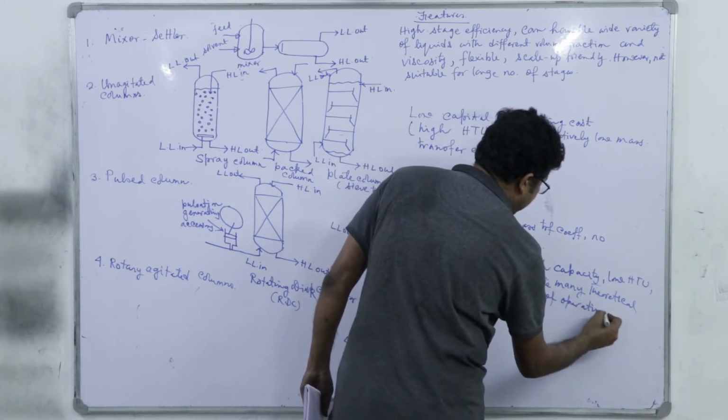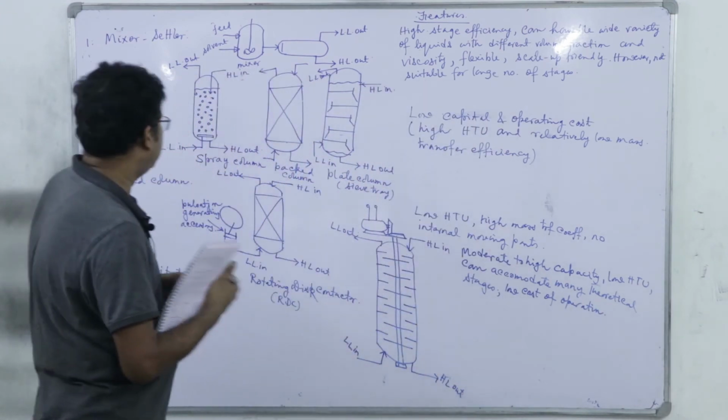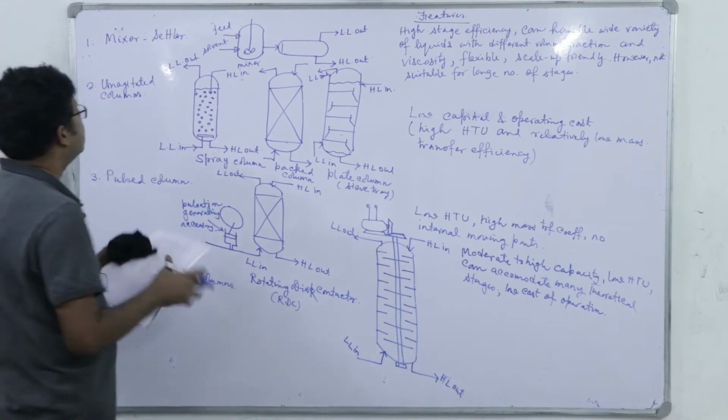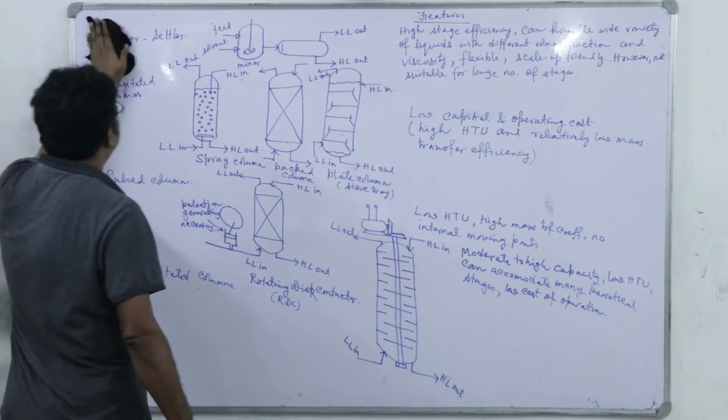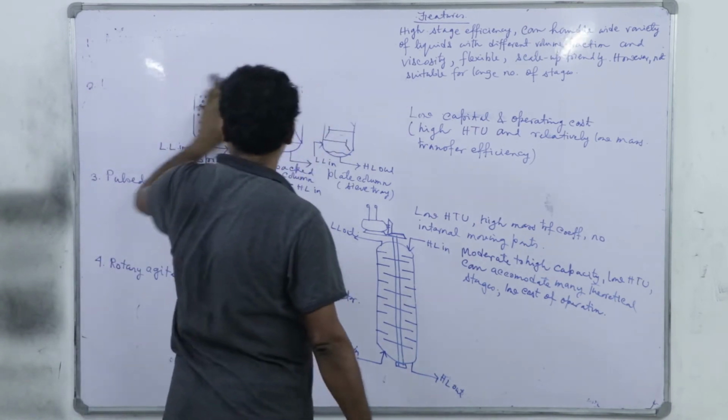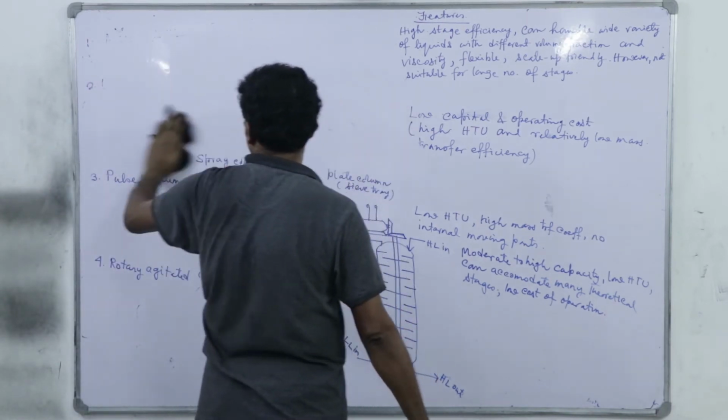Relative to other columns like reciprocating or this centrifugal, right. So, 1, 2, 3 and 4. Next, let us again carry forward this discussion and characteristics.